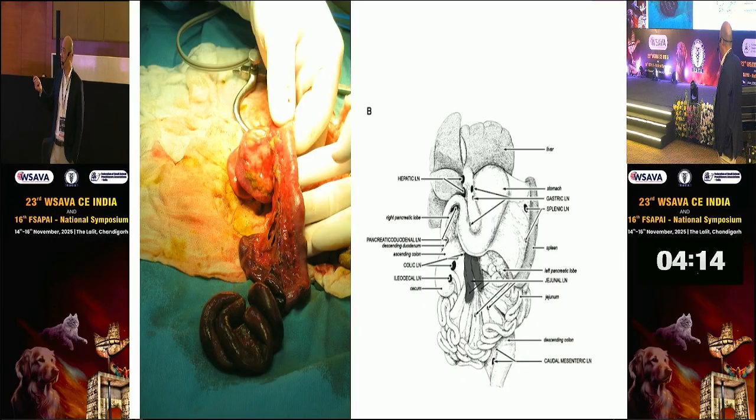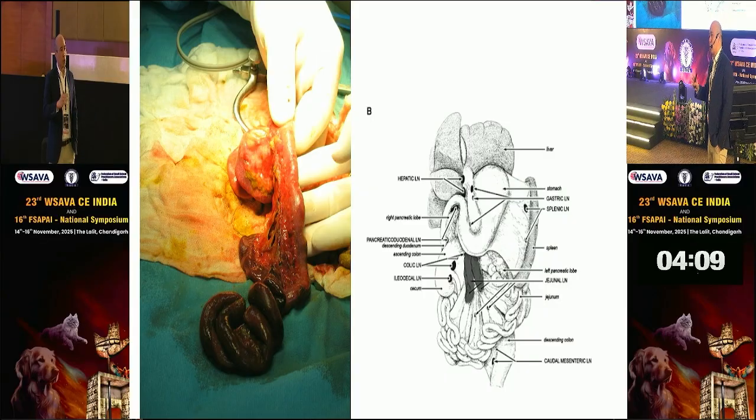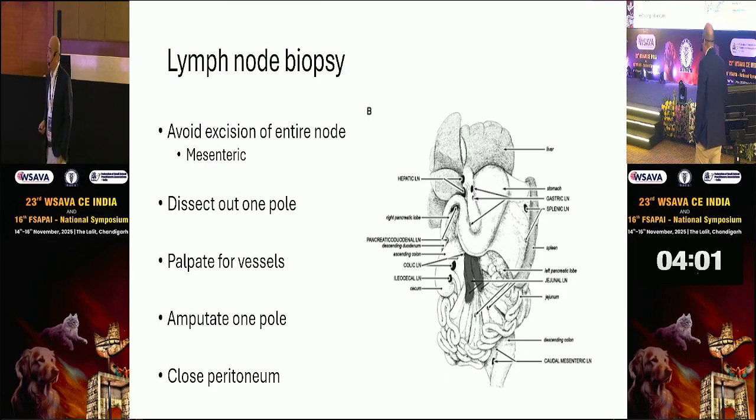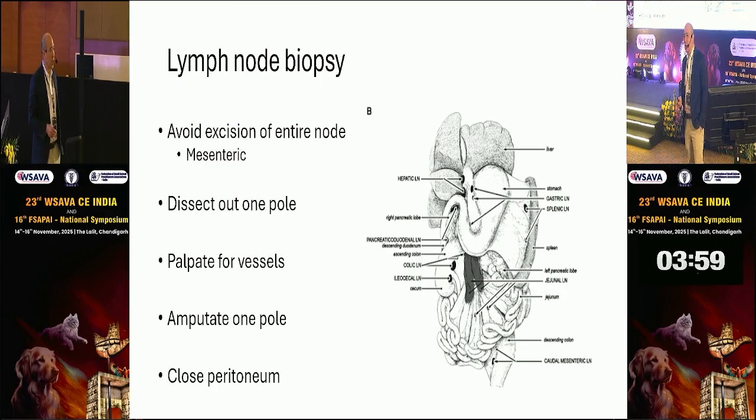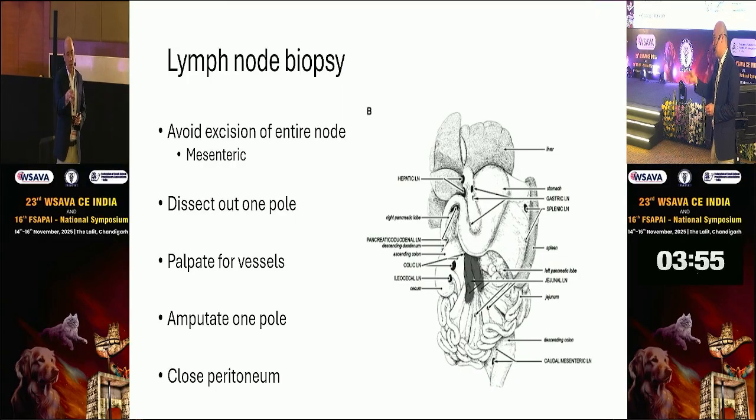So this is what's happened in this cat here. Excisional biopsy of one of these nodes, necrosis of the entire gastrointestinal tract. This animal was euthanized after a biopsy. What I would recommend you do is you simply dissect out one pole. So you just dissect out the end until it sits out a little bit like this. And you do that very gently.